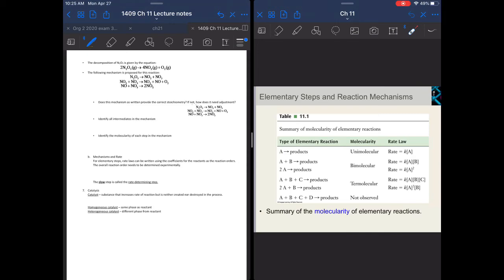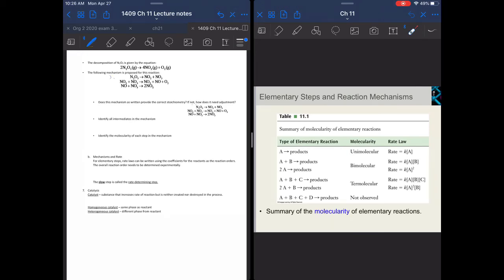Now, let's take some of what we've learned and look at another mechanism and answer some questions. Some elementary steps can be manipulated, and we're going to see that here. So we're looking at this reaction, the decomposition of dinitrogen pentoxide, and it is proposed that this occurs in 3 steps.